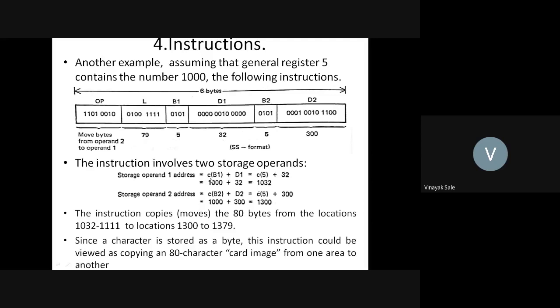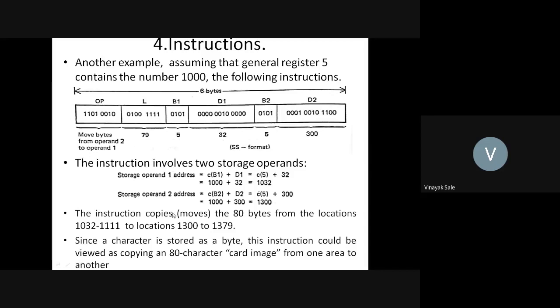So the storage operand at address 1 is equal to base 1 plus displacement 1, where base 1 is equal to C of 5 and displacement 1 is 32. So C of 5 is equal to 1000 plus 32, that is 1032.